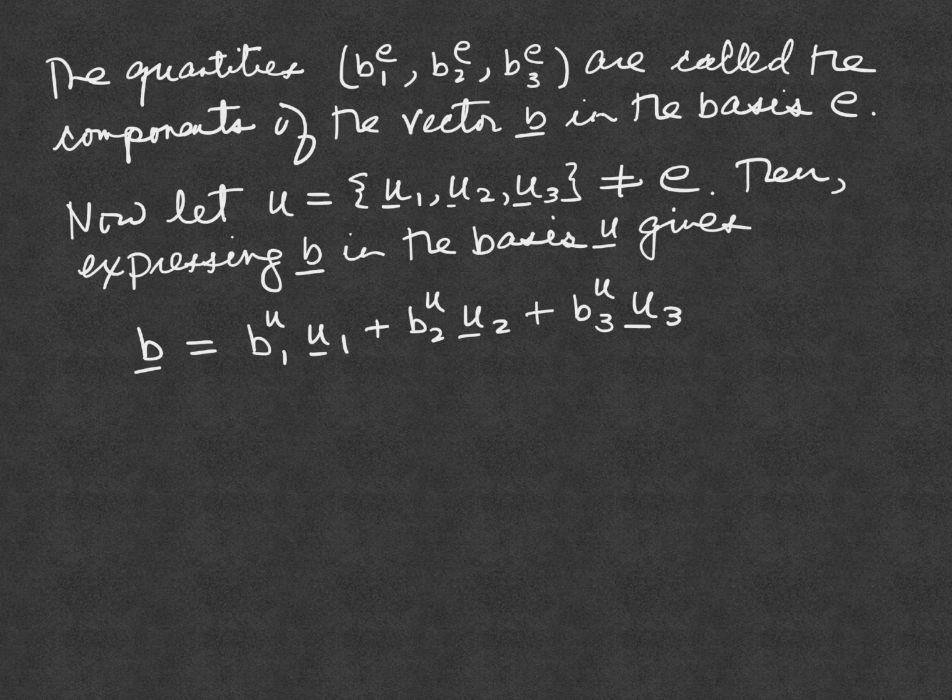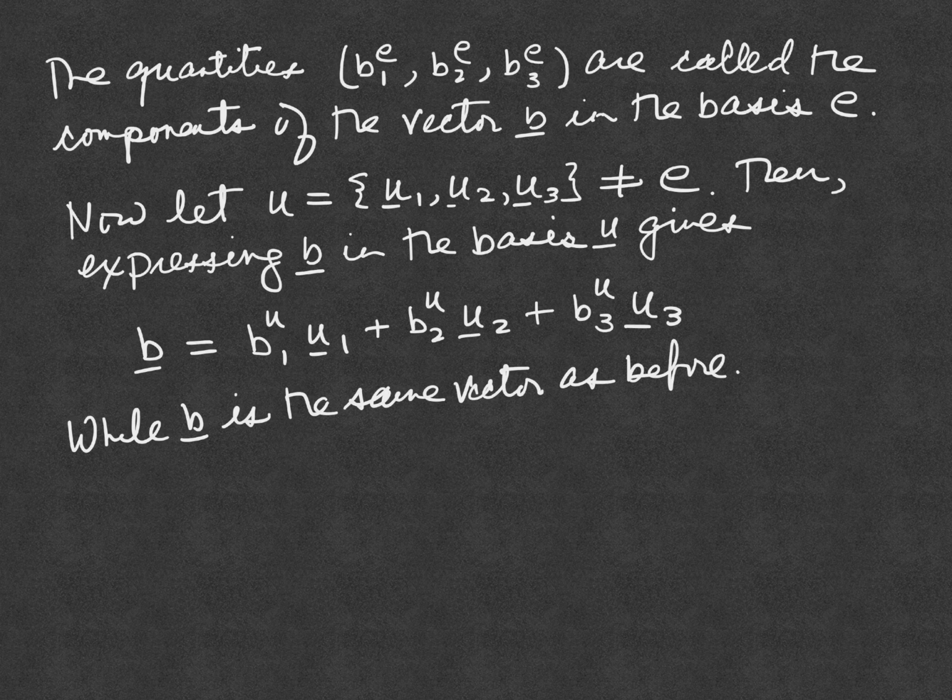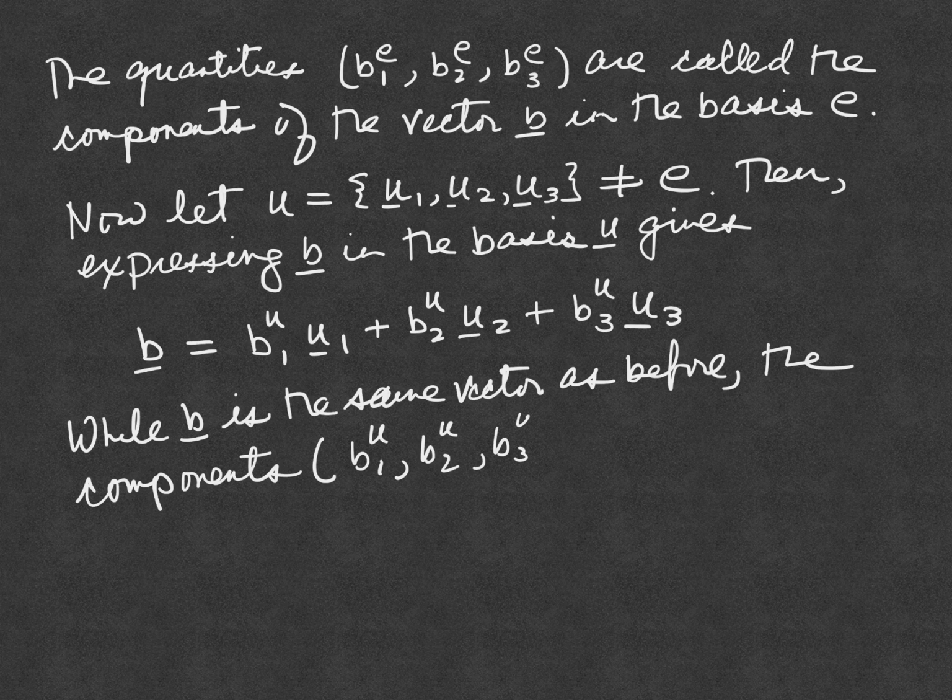So in other words, while B is the same vector as before, the components, which in this case are B1U, B2U, and B3U, are not equal to the components B1E, B2E, and B3E.